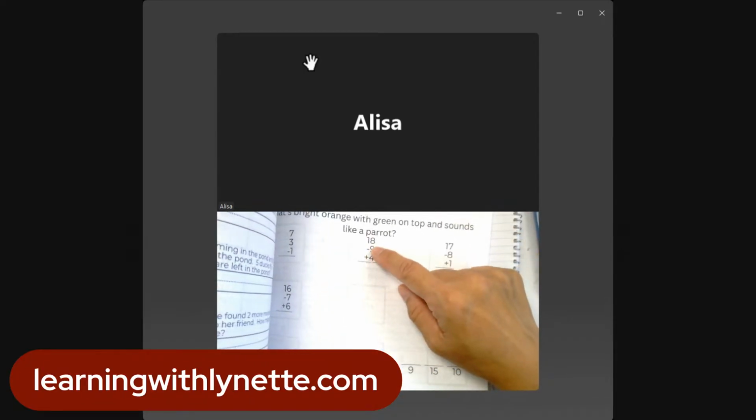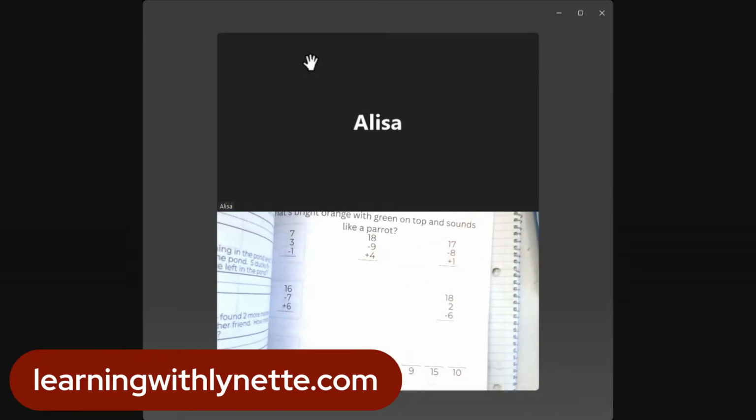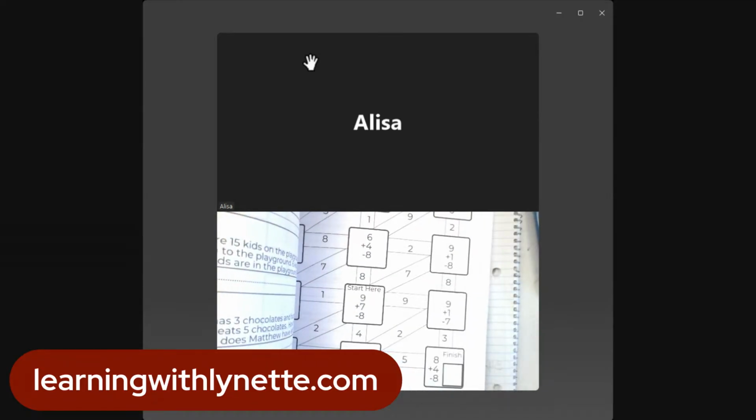The only double digits I show is maybe the teens, but I don't do double digits until the next book, the next concept. It's going to be part of the two step.